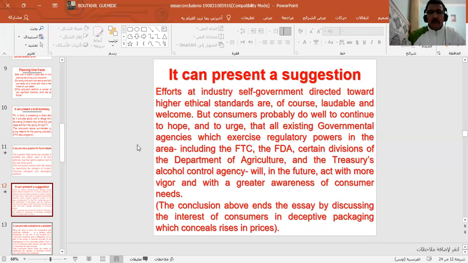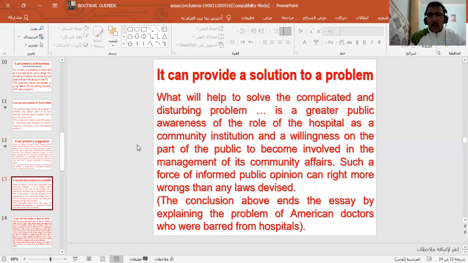It can provide a solution to the problem, like in the following example. All right. What will help to solve the complicated and disturbing problem is a greater public awareness of the role of hospital as a community institution, and a willingness on the part of the public to become involved in the management of its community affairs. Such a force of informed public opinion can right more wrongs than any laws devised.